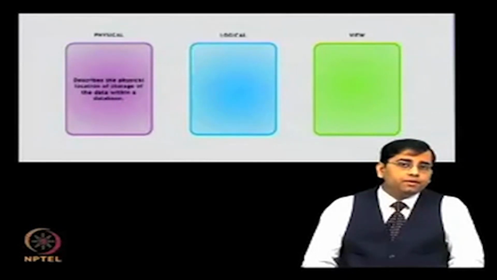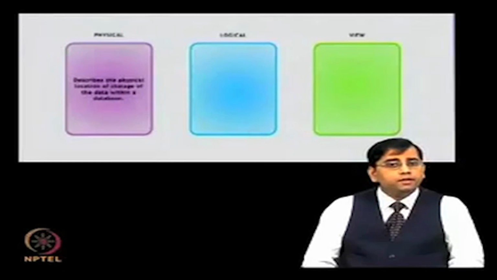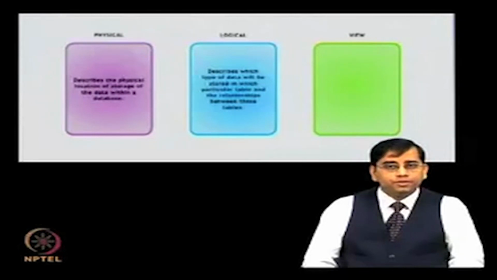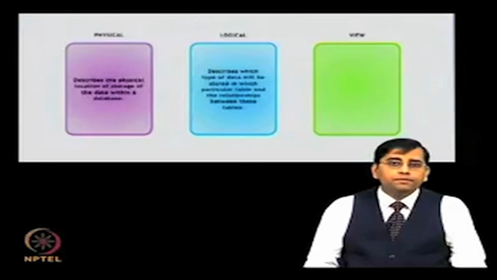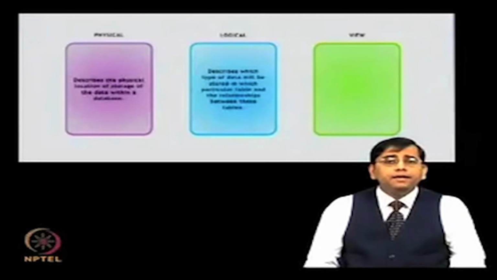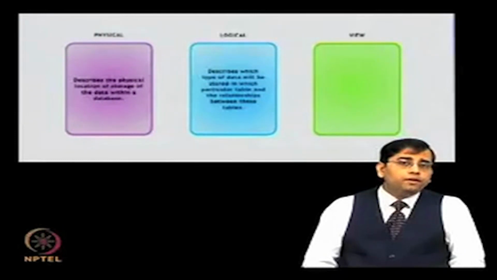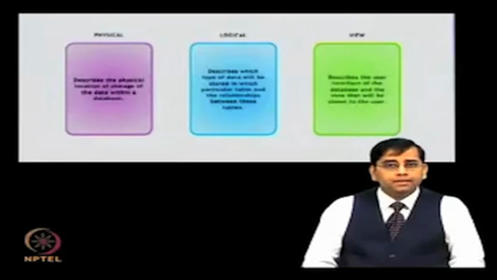At the physical level, the purpose of the database is defined, in accordance with the proposed usage. At the logical level, the tables, attributes of the tables and data types are defined. At the view level, the views and appearance of the databases are defined.